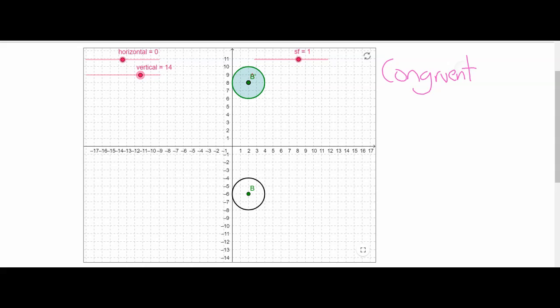Congruent implies that two figures are similar. However, similar does not always imply that two figures are congruent. Sometimes that will be the case, when the scale factor is 1, but not every time. Whereas congruent figures also means that they are similar.